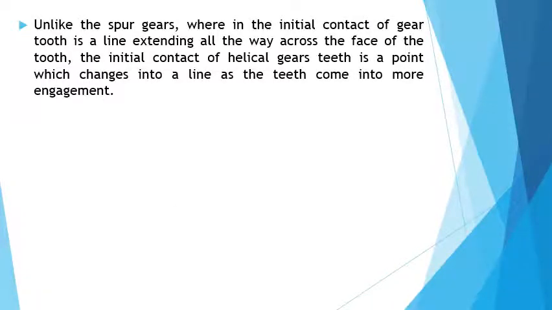In spur gears, when the teeth come into engagement with one another, the contact is sudden and it is a line contact which extends all the way across the face of the tooth. Whereas in helical gears, when the teeth come into engagement, the initial contact will be a point contact, and then it changes into a line contact gradually as the teeth come into more engagement.